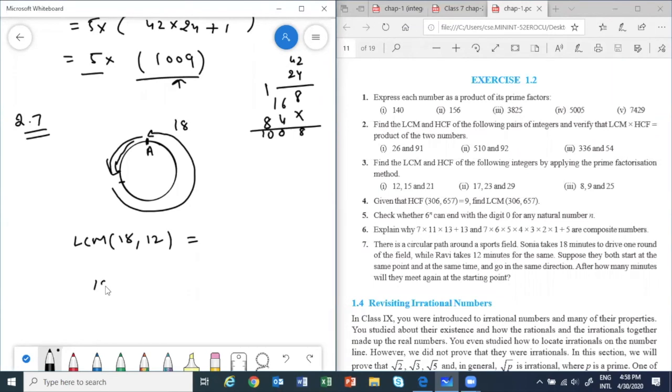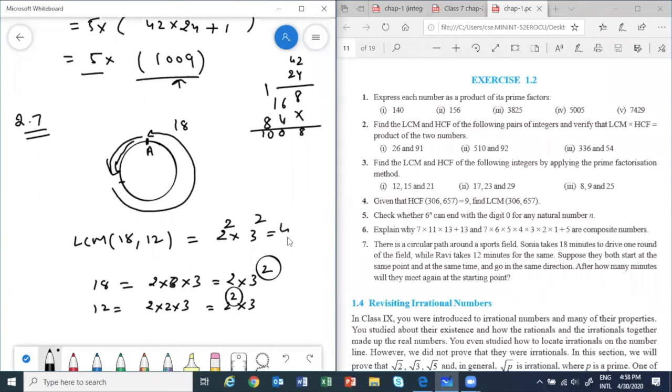Just use prime factorization. 18 is 2 into 6, 2 into 3 into 3, so 2 into 3 square. And 12 you can write as 6 into 2, so 2 into 2 into 3, so 2 square into 3. Now the LCM will have 2 and 3 with the highest powers, so 2 square and 3 square.